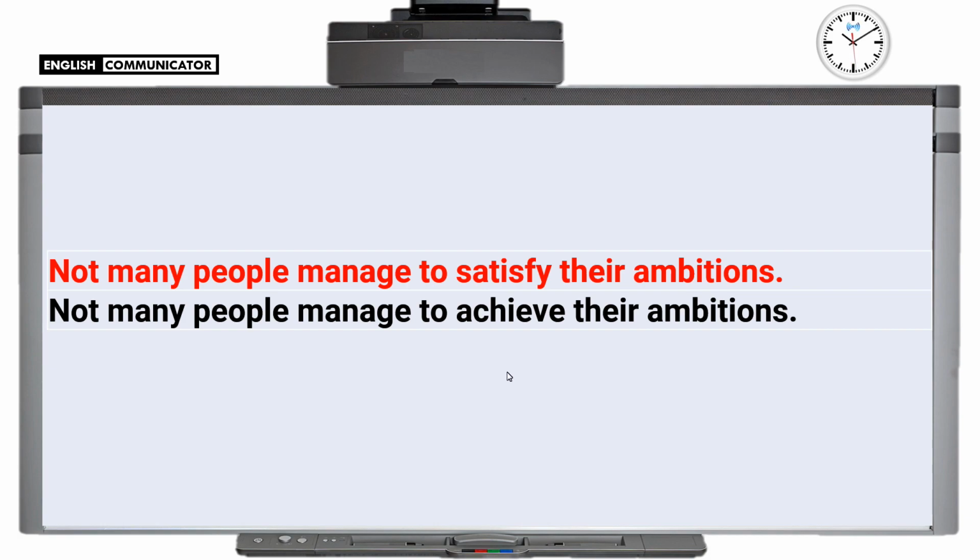Okay? So we can say not many people manage to achieve their ambitions. It is right, but you cannot say I satisfy my ambitions, I want to get my ambitions, or like this one. So right sentence, you have to concentrate to achieve your ambitions or their ambitions.